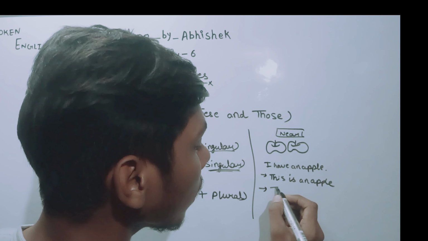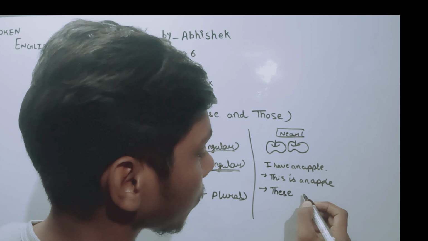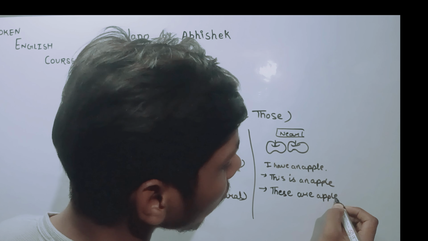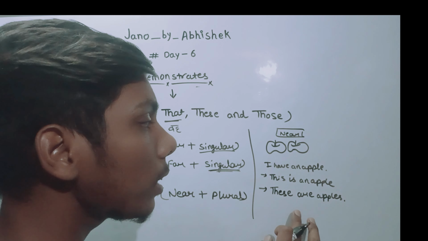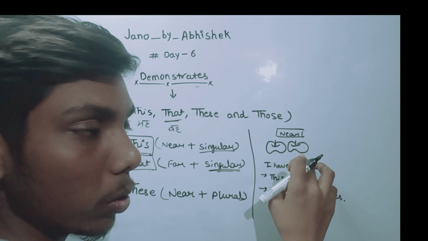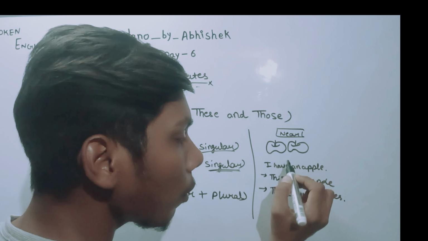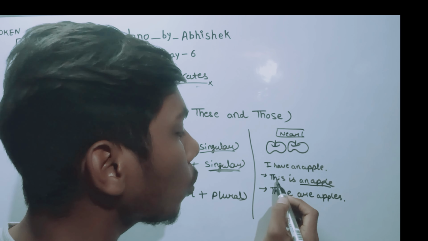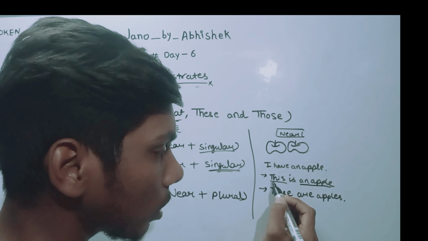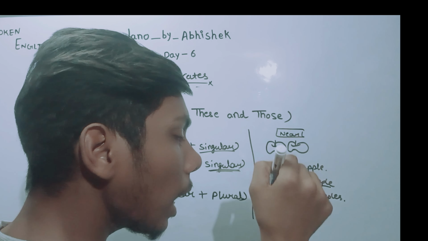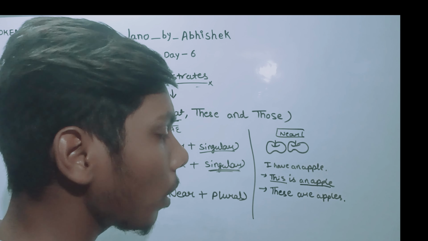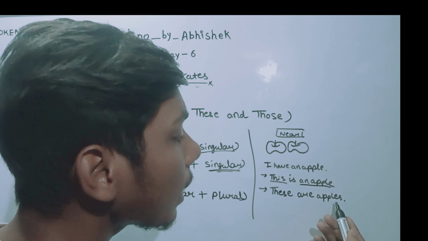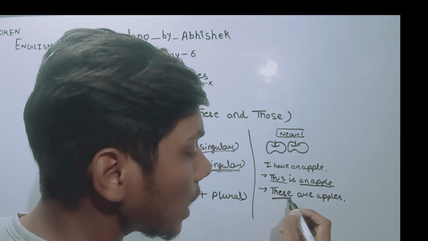What will I say? These are apples. When the apple was singular, only one, I used this. And when the apples were more than one, I used these.